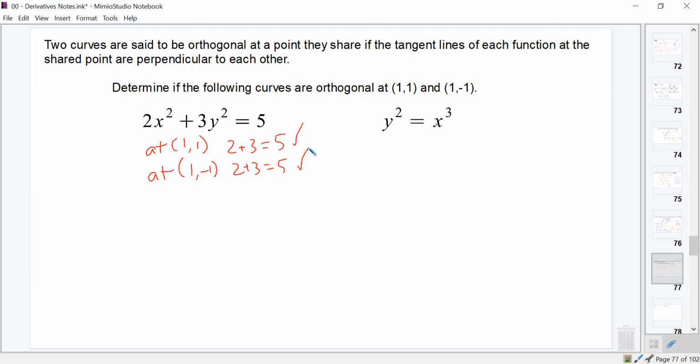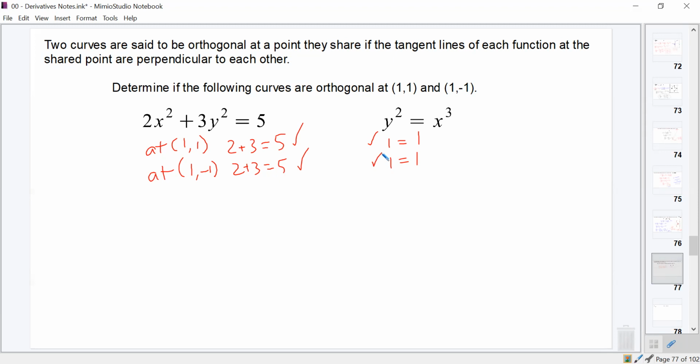So that checks out also. And at (1, 1), here we get 1 equals 1. And we also get, at the point (1, -1), we still get 1 equals 1. So both points satisfy both of these equations. Therefore, it's possible that the curves are orthogonal to each other at those 2 points.